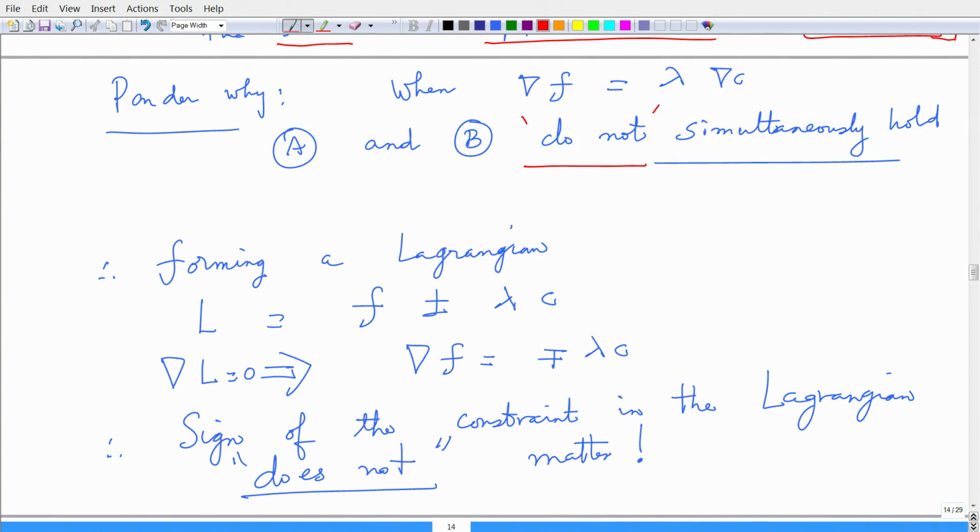So what we do is form a Lagrangian, because when you look at the constrained optimization problem, we form the Lagrangian L equals f plus or minus lambda C, where f is my objective, C is my constraint equation and lambda is the Lagrange multiplier.